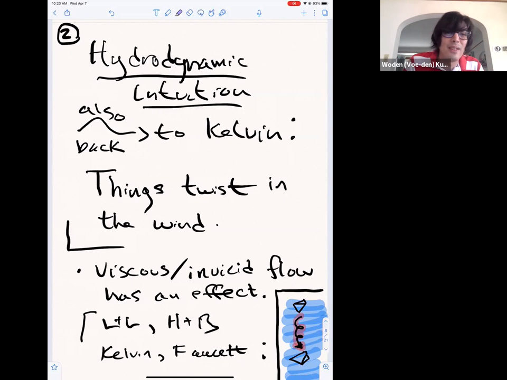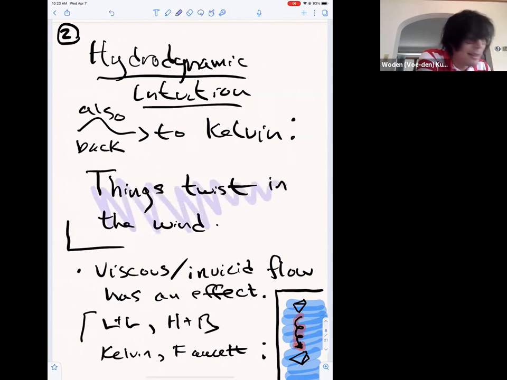And this idea also goes back to Kelvin, coincidentally, in the UK-based literature. And the idea really is that things twist in the wind. If you take some object, hang it on a string and blow the wind on it, it usually twists.